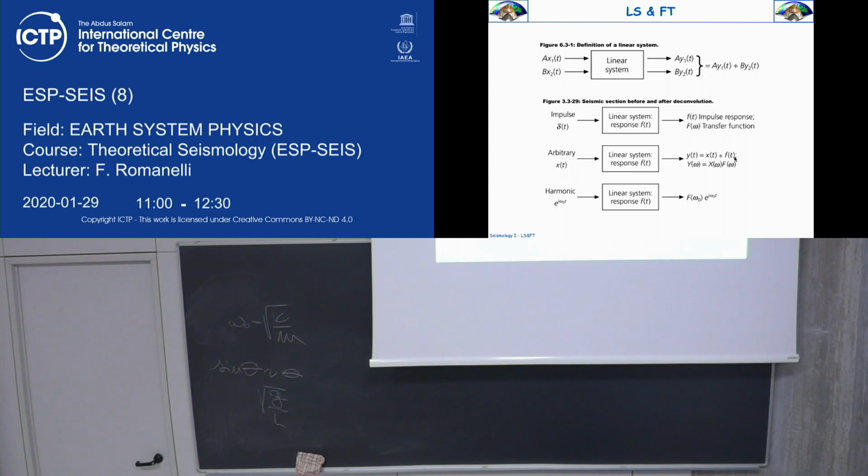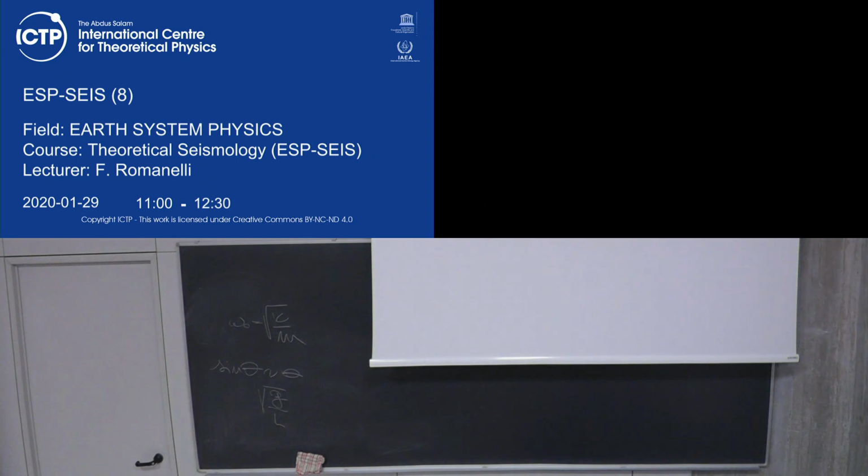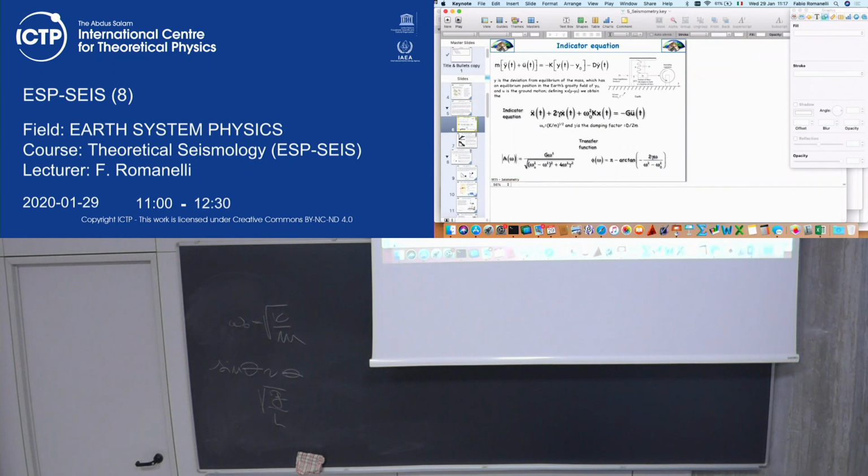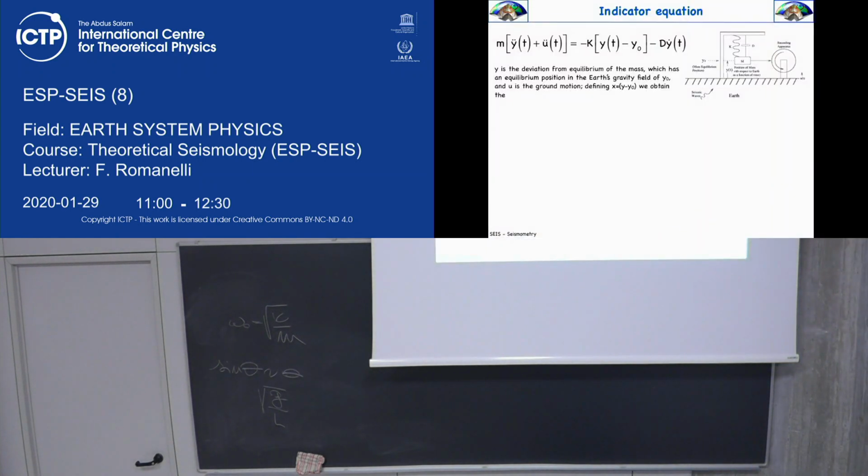Okay? Let's go back to the real starting point. I know that you love algebra and basic physics, that's it. That's a good old friend because we studied it. What do we have here?